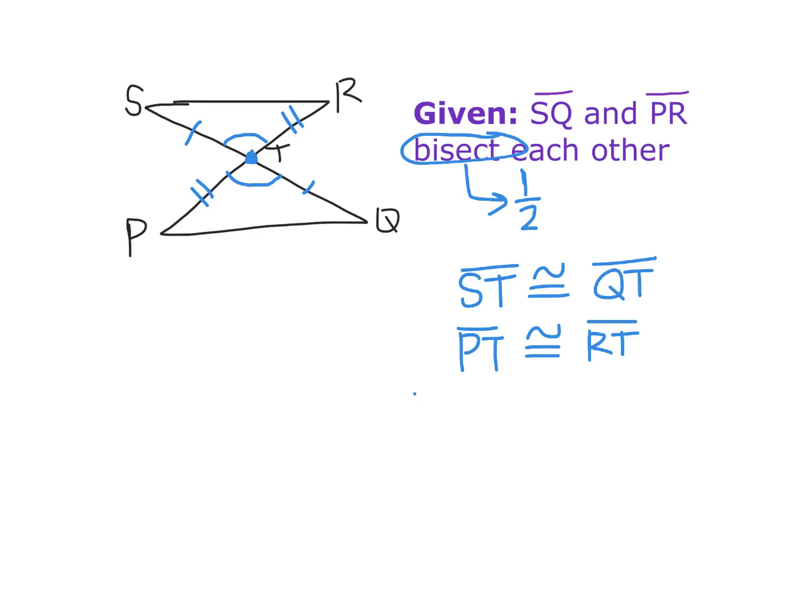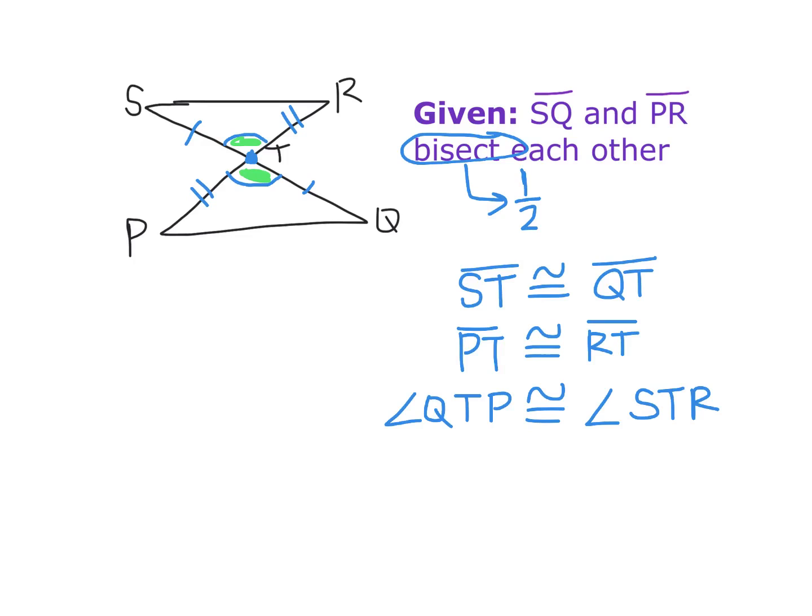So what I could say is that angle QTP, which is this angle right here, is congruent to angle STR, which is this angle right here. Those are congruent because they are vertical angles.